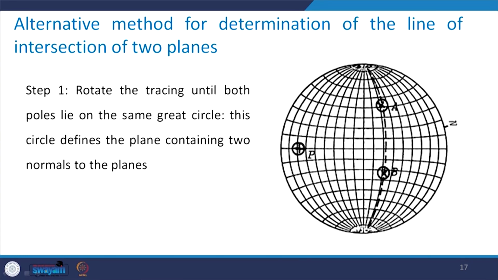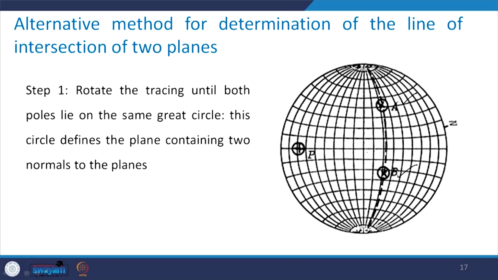Then, following the same procedure as we did in the previous problem, we rotate the tracing sheet in such a manner that these two poles, which are A and B, lie on the same great circle. So, this great circle which has been drawn here by this dotted line will define the plane which will contain the normals to these two planes, that is A and B, because a pole represents the normal to that plane.